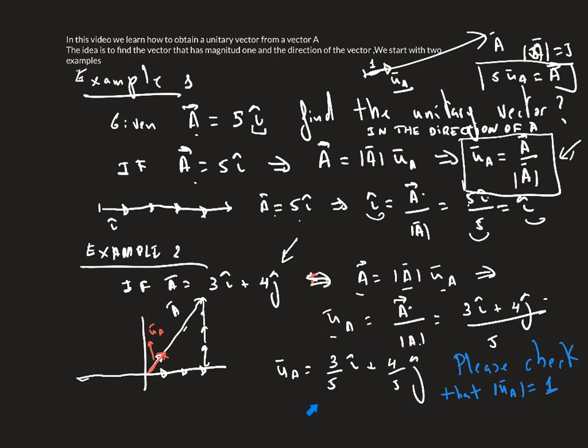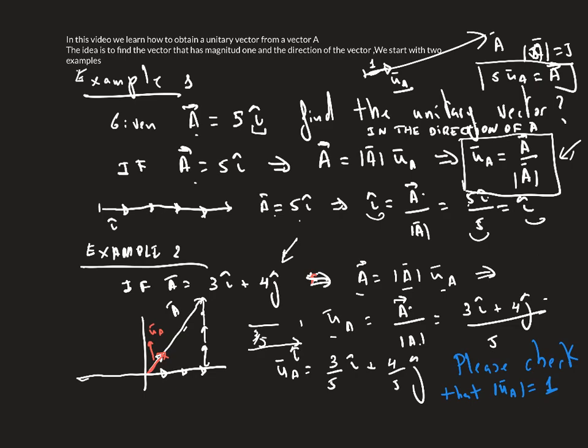You can check that this vector is a unitary vector by finding its magnitude. How do you find the magnitude of a vector? You apply the Pythagorean theorem. This vector is 3/5 in the direction of i. So 3/5 is less than 1, so 1 is here, i is here.